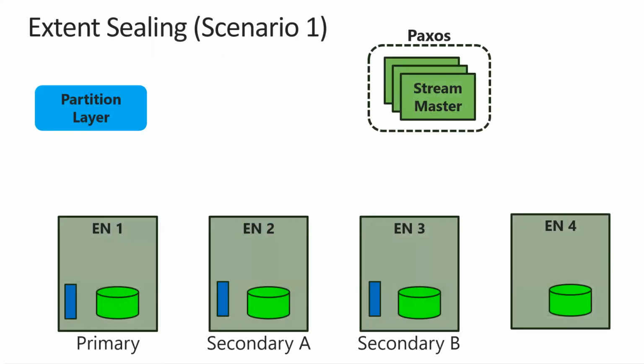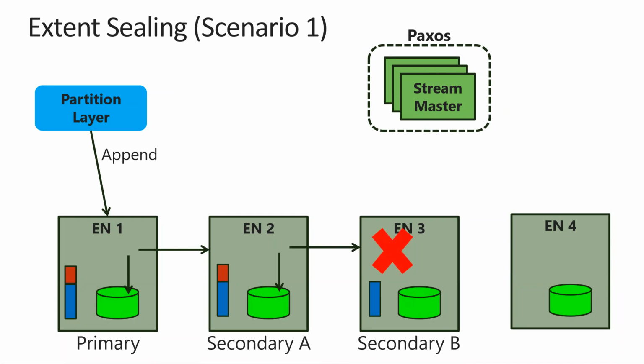Now let's see the logic of how extent sealing actually works. Let's say the partition layer was storing the data in extent 1, extent 2, and extent 3, and it has added this red bit of information in extent nodes 1 and 2, but 3 has failed, right? So it will say that I was not able to replicate this data to all 3 of them, so please seal this extent and give me a new extent.